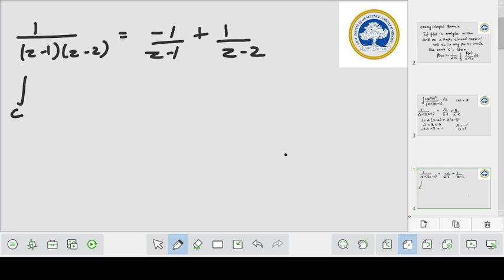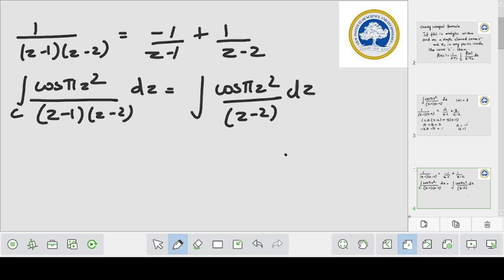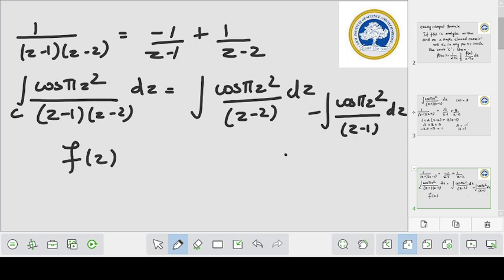So therefore the line integral over C of cos pi z squared by (z minus 1)(z minus 2) dz can be rewritten as the integral of cos pi z squared by z minus 2 dz minus the integral of cos pi z squared by z minus 1 dz, and here your f of z is cos pi z squared.